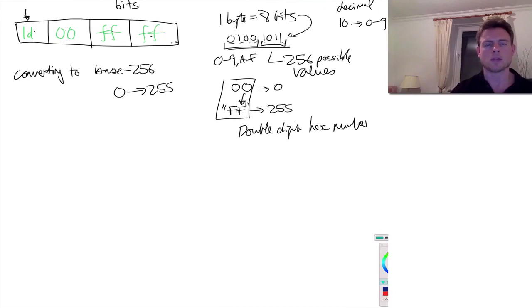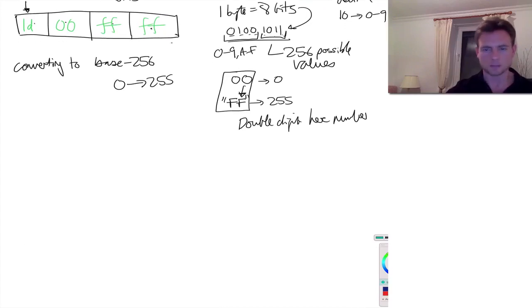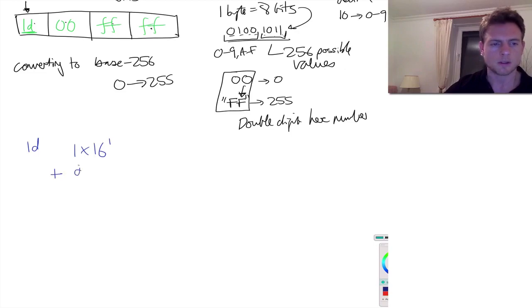Well, what does that actually mean? That means that the number that this target represents takes up 1D bytes, right? So how many bytes is 1D? Well, 1D in hexadecimal is 1 times 16 to the power 1 plus D times 16 to the power 0.